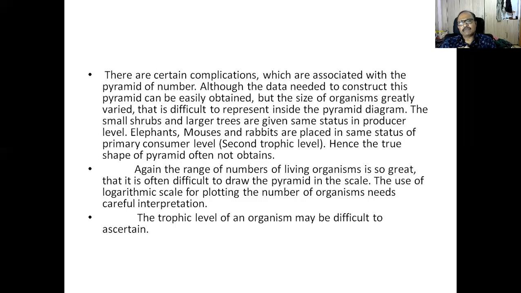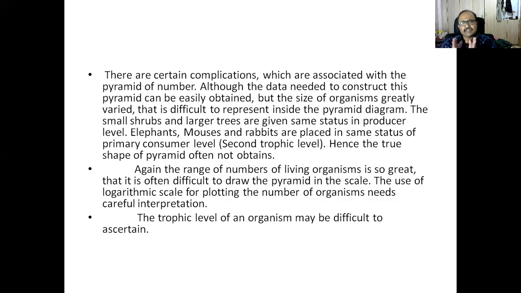But in this pyramid, the size of organisms are greatly varied. ये pyramid में animal का size हम दिखा नहीं सकते. And in this pyramid, the size of elephants are so big, and size of mouses or rabbits are so small.